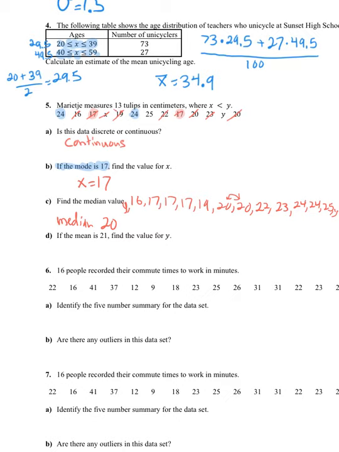And then part D: if the mean is 21, find the value for y. So now we know the mean is 21. We know there's 13 data points, and we need to find the total.